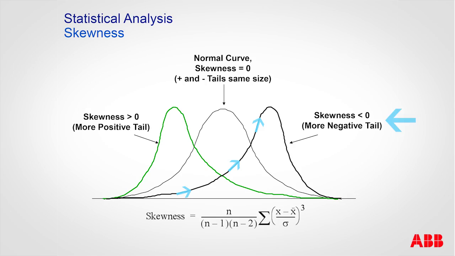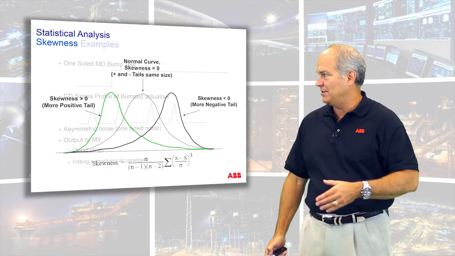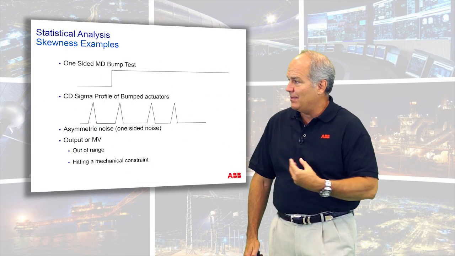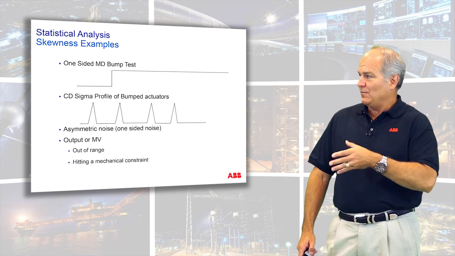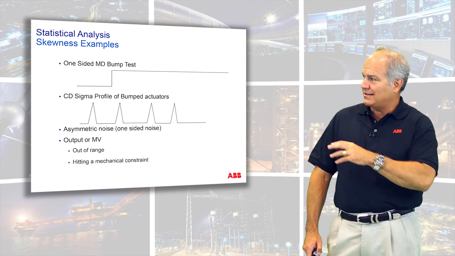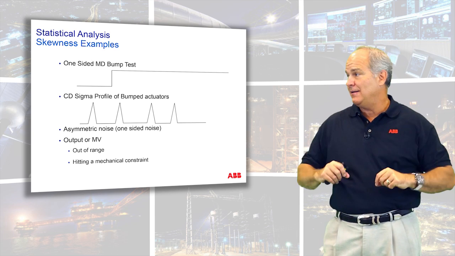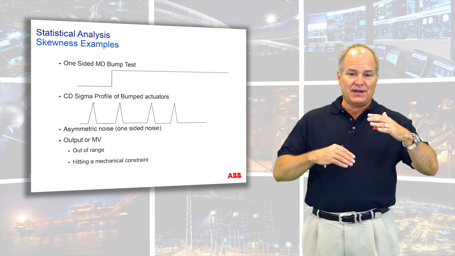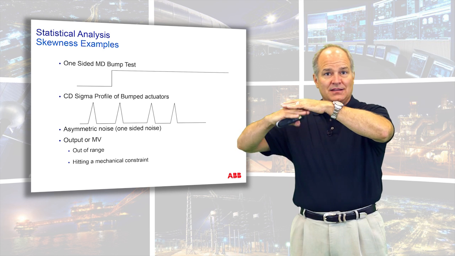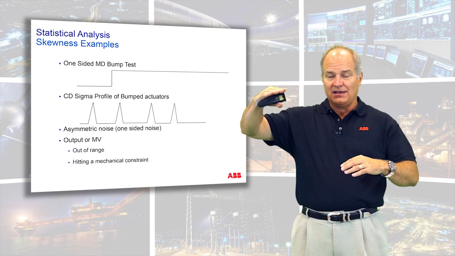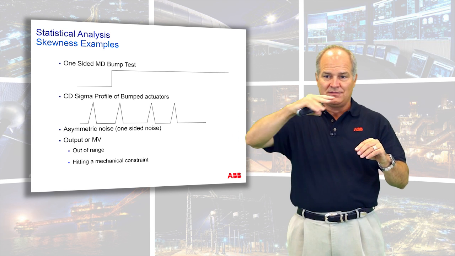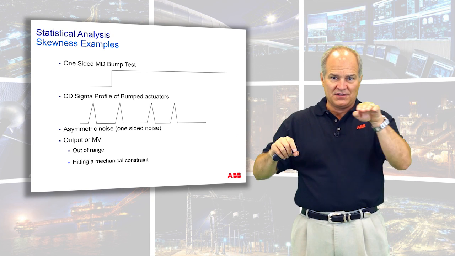Usually I'm hitting a mechanical problem. Well, I'll show you. This is like a one-sided bump test, or asymmetric noise. That's an example from a different industry, but it's asymmetric noise where it's just one-sided. Or you'll have a measurement that's out of range. It sort of keeps hitting a limit. You can look at the raw data, and it looks like somebody took scissors and cut the top off, so you have these flat spots.